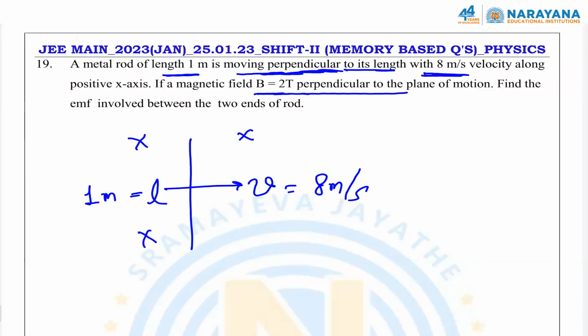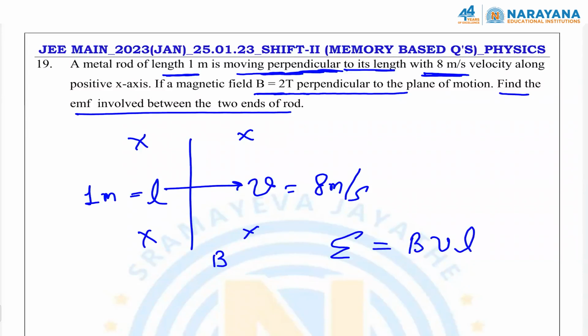So 2 Tesla magnetic field is there and we want to find the EMF. So EMF, if B, V and L are mutually perpendicular, then EMF is straight away BVL. So it is 2 into 8 into 1. So it is 16 volt. So answer to this question is 16 volt.